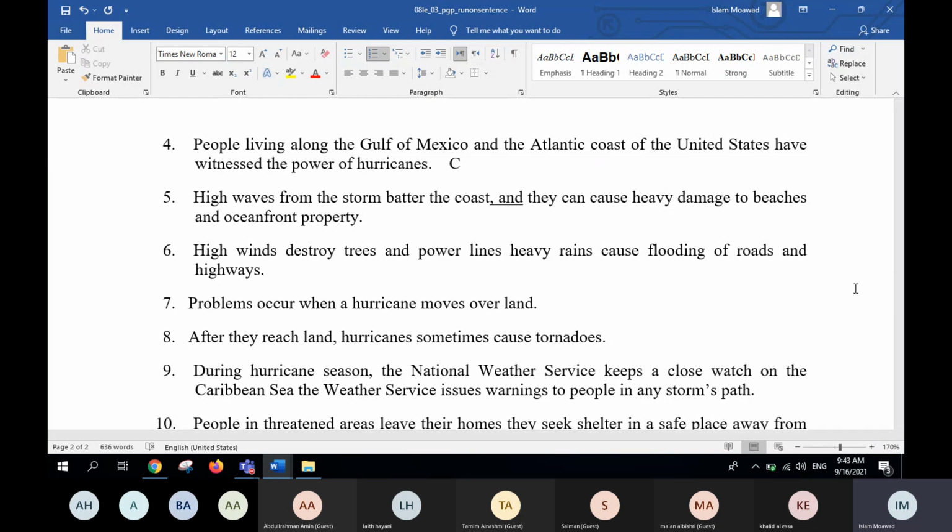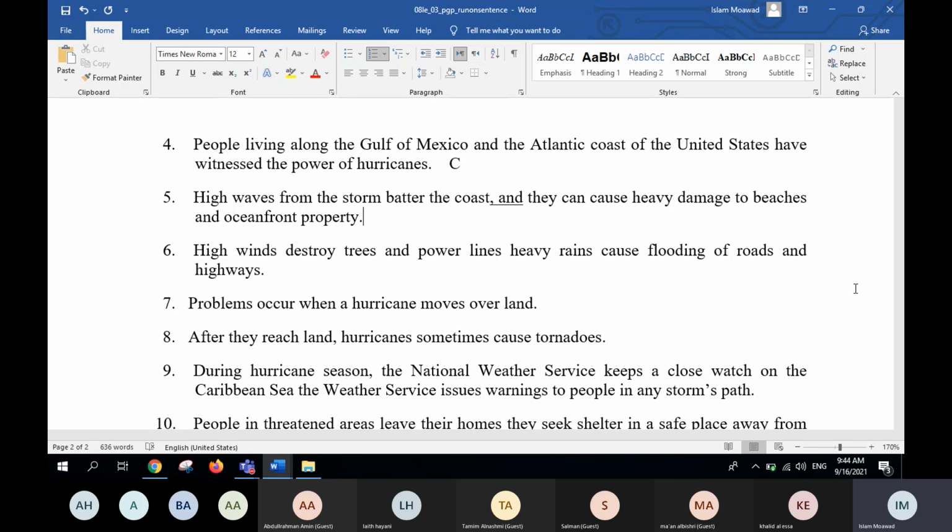High winds destroy trees and power lines. Heavy rains cause flooding of roads and highways. So what's the answer? Do you have a run-on sentence here? Yes. You have two sentences here and they are running together. Can you spot them?